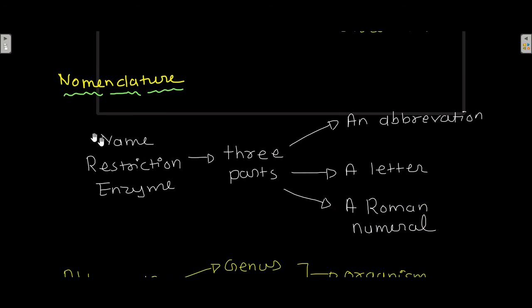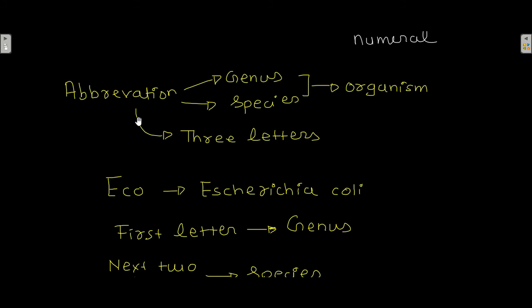Now let's talk about the nomenclature of restriction enzymes. The name of a restriction enzyme consists of three parts: an abbreviation, a letter, and a Roman numeral. The abbreviation is of the genus and species of the organism from which the enzyme is isolated, and it is of 3 letters.